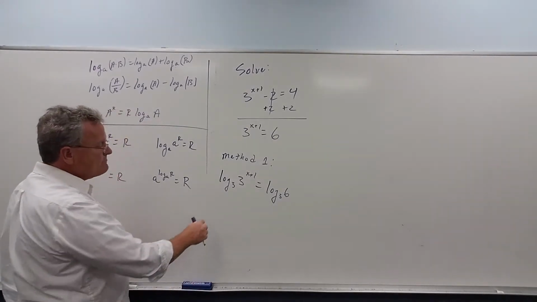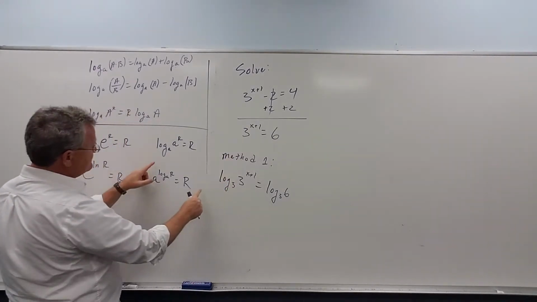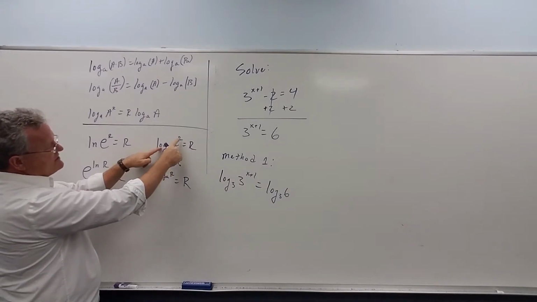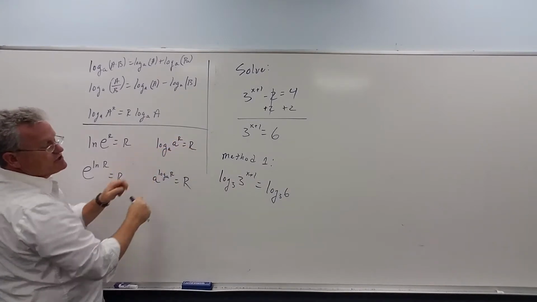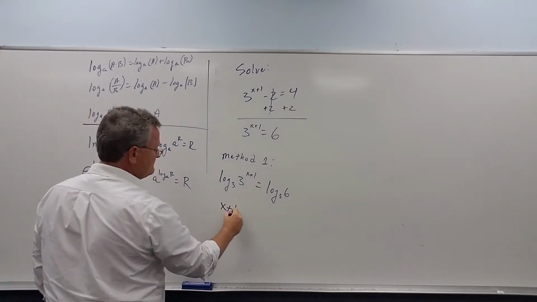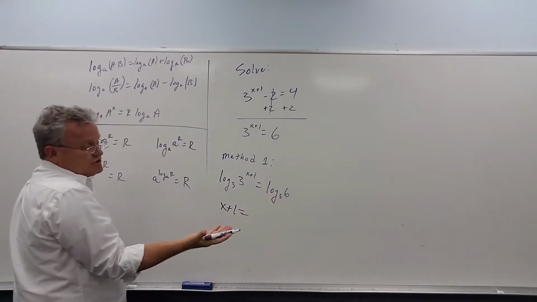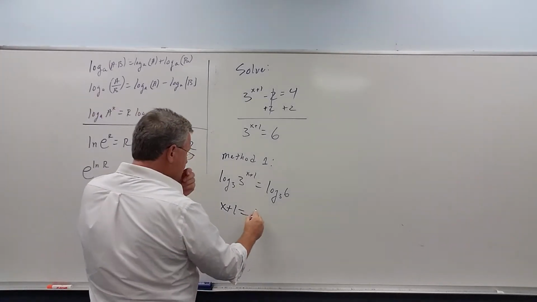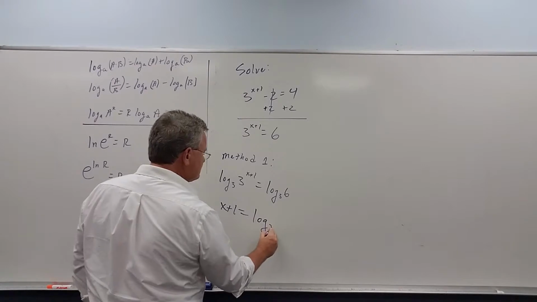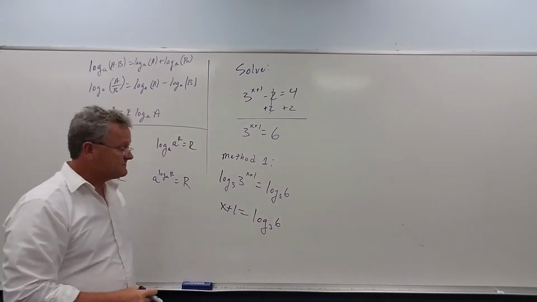Why did I do that? Because of this rule here: the log base 3 of 3 to the x plus 1 is just x plus 1. That's what this rule says. The right side is just the log base 3 of 6.